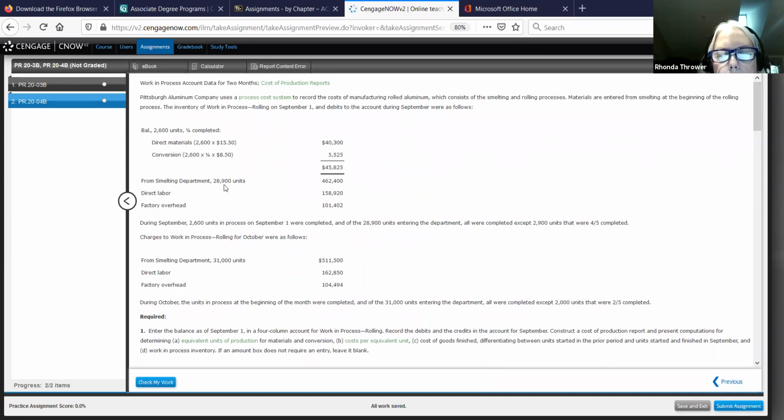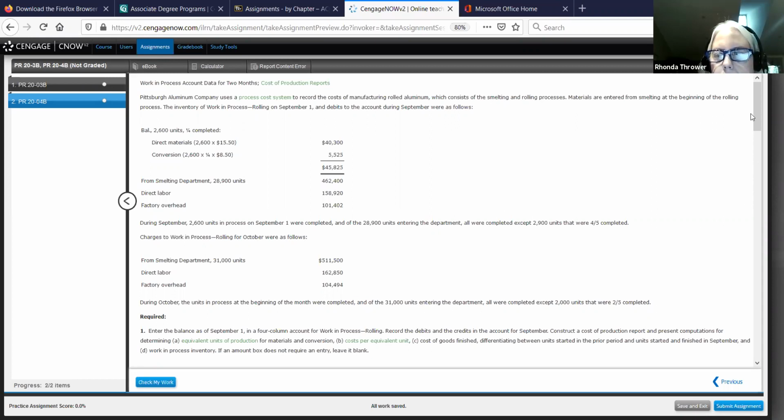Right here is the number of units that we've received from the smelting department, and they just want you to put in the amount of the debit, because these are materials. They are considered to be direct materials, and direct materials will be debited to the work in process account.